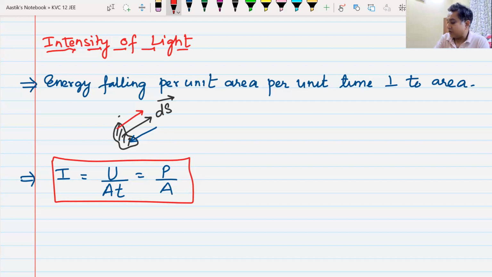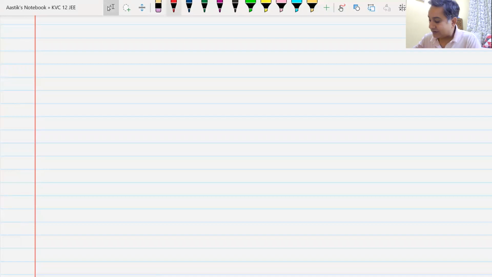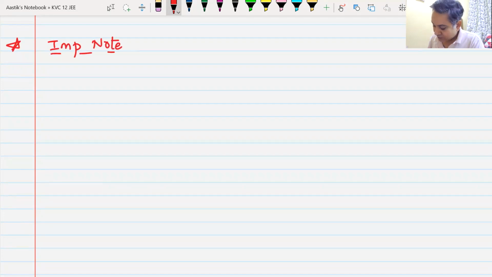Now, as soon as we talk about intensity, there is a small thing that comes sometimes. There may be a problem on that thing, so you can take it as an important note. If you have a point source of light, understand the meaning of point source?